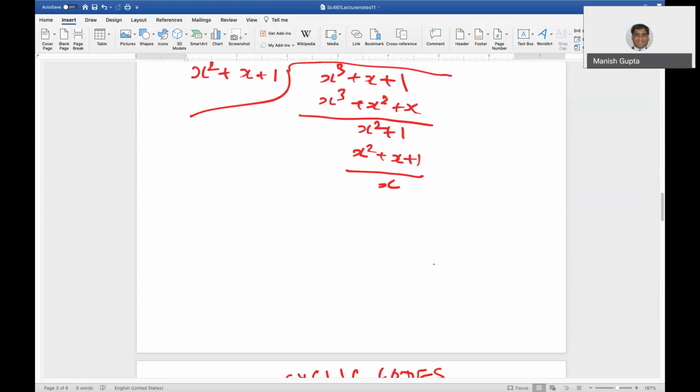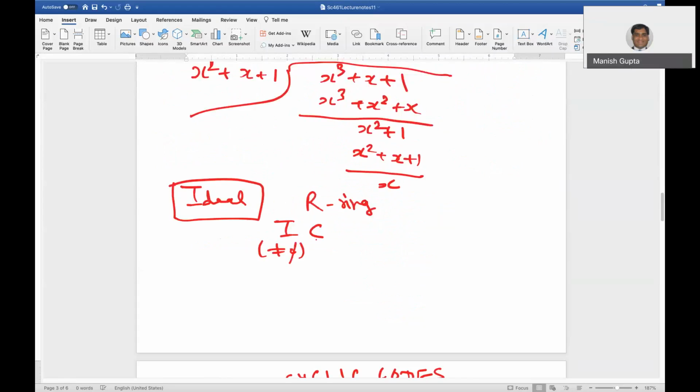Now we are going to define another very interesting property of polynomials known as ideal. Suppose R is a ring. A non-empty subset I is called an ideal if two conditions are satisfied.